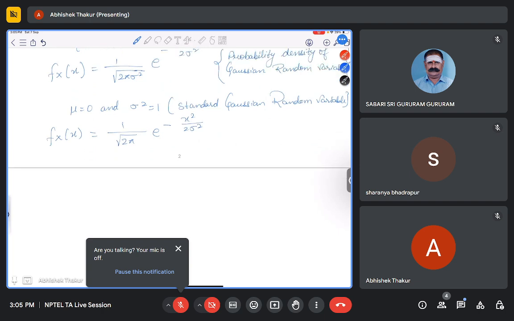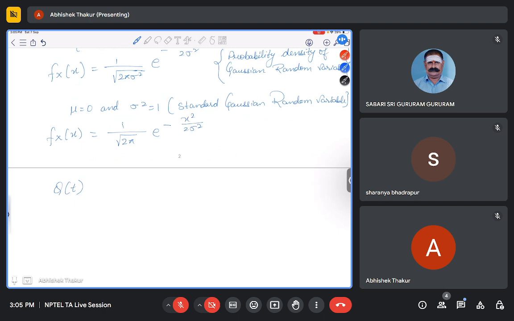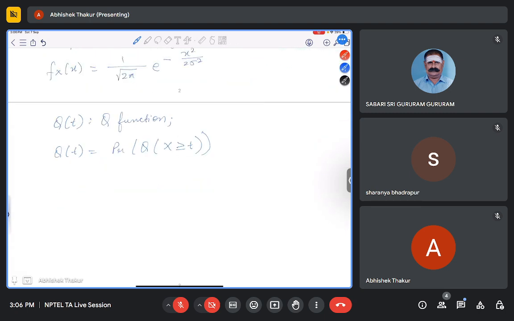And this is also a function denoted by Q(t), which is used to find the bit error rate. So this is known as the Q function. Basically Q(t) is the probability that the variable x is greater than or equal to t.